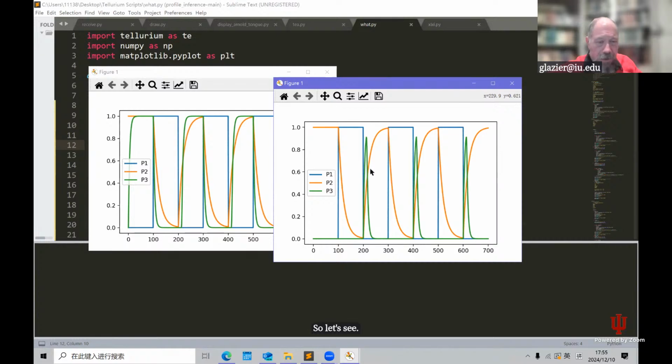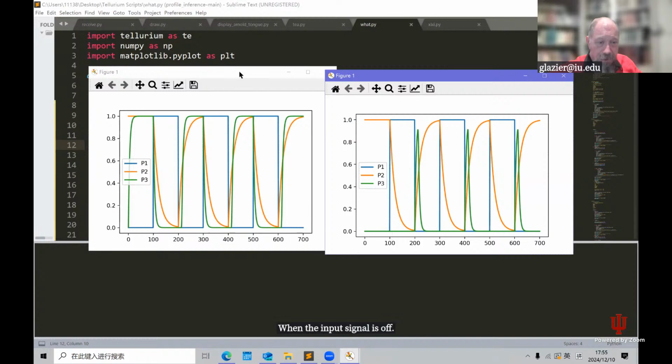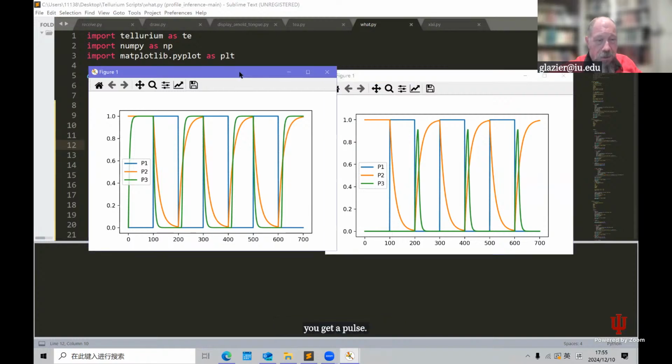Let's look at the one on the left. When the input signal is off, you get a pulse. When you turn the signal on, it turns off. When you turn the input signal off, you get a pulse.